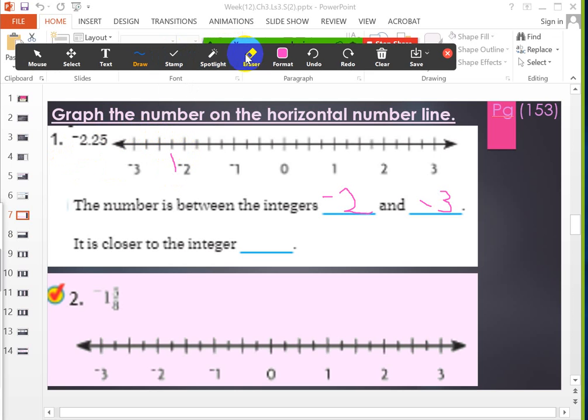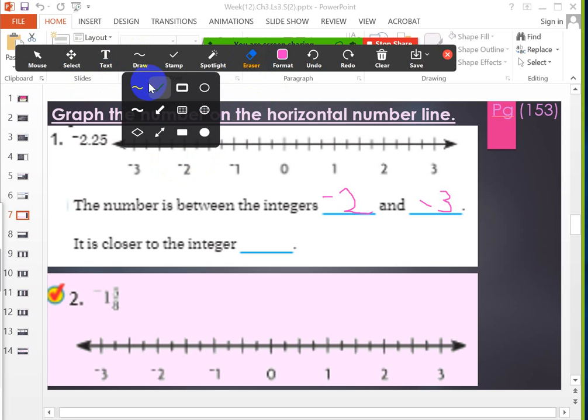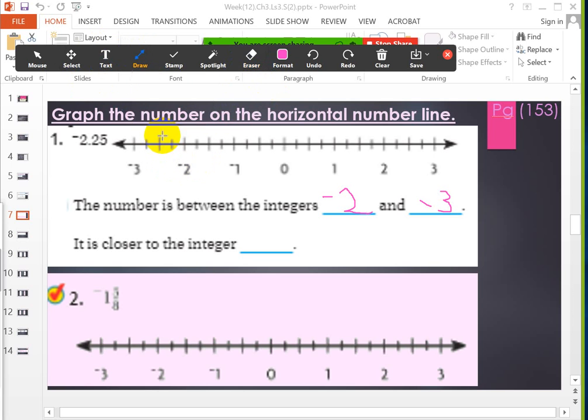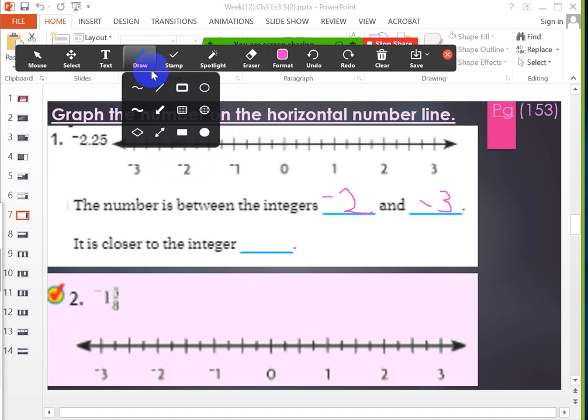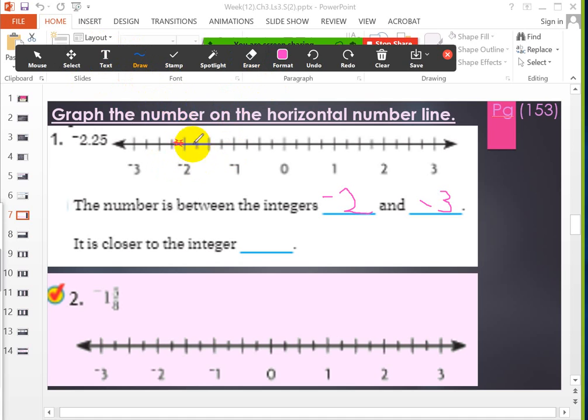Each little part will be 0.25. That means this is 0.25.